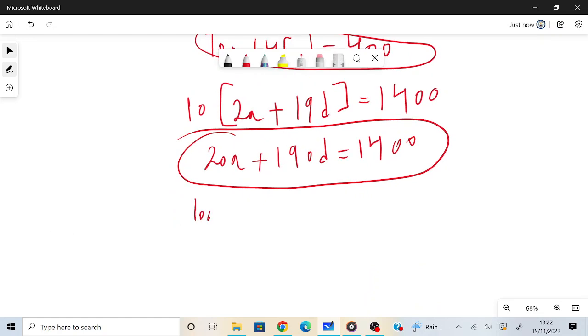So 10a plus 45d equals 400, and I have 20a plus 190d equal 1400. I can times the first equation by 2, so I can have the same coefficient for a.